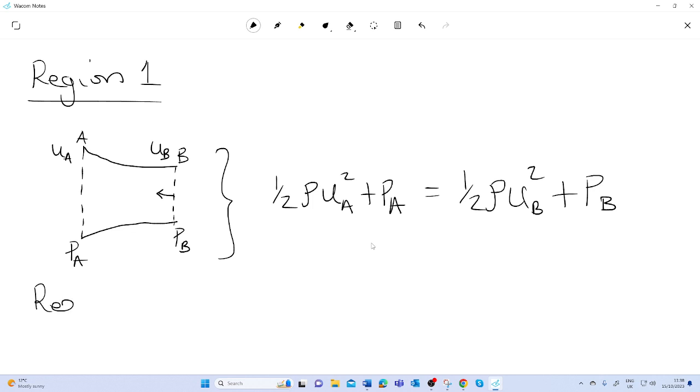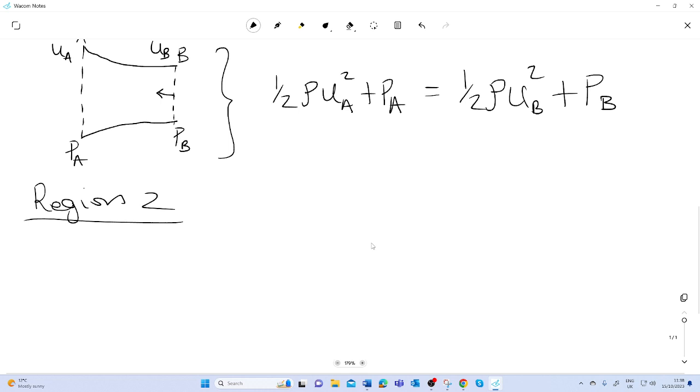Also, from region 2, which is the last tip of the system, where we have C section there, we have D, we have PC, we have PD. Also, we have the UC here and the UD here.